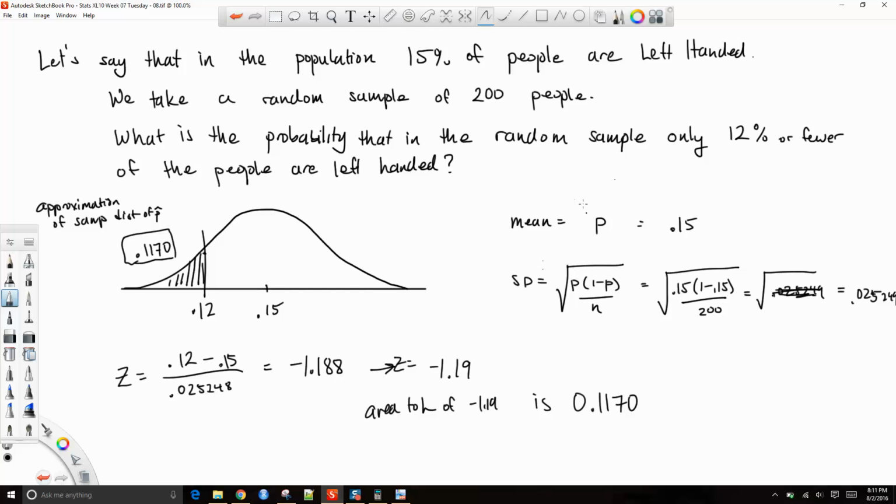What's the probability that in the random sample, only 12% or fewer of the people are left-handed? The answer is about 11.7% probability. Coincidentally, that's close to 12%, but that's our answer. I just want to make sure this process is okay with everybody.